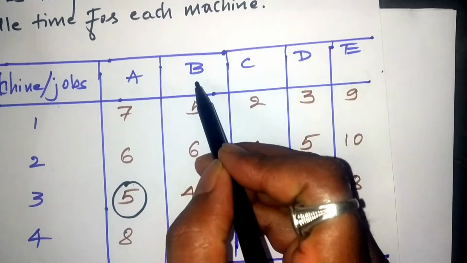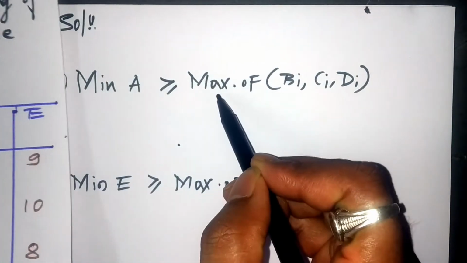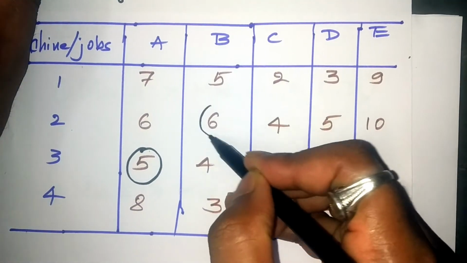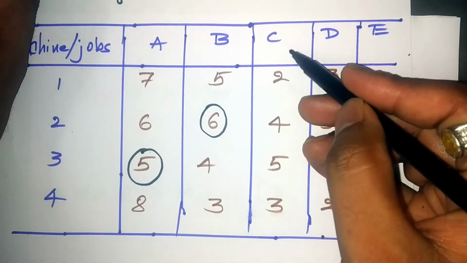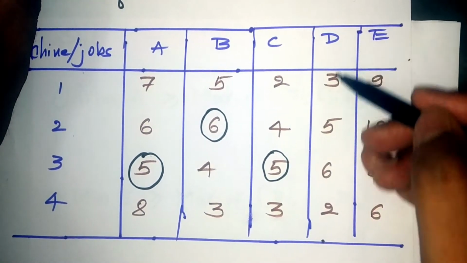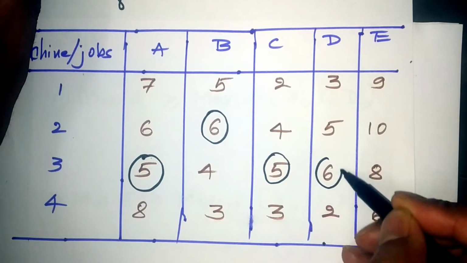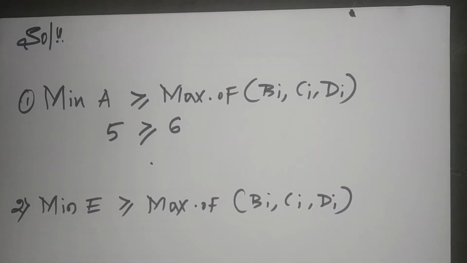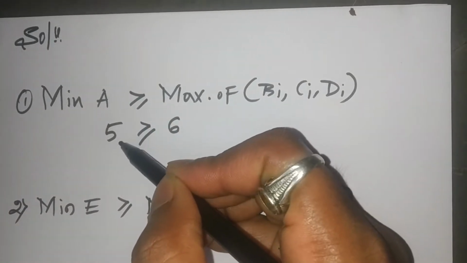In B, C and D we have to check the maximum time. In machine B, 6 is the maximum. In machine C, 5 is the maximum. And in machine D, 6 is the maximum. So 6, 5, 6. The minimum time on machine A that I got is 5.